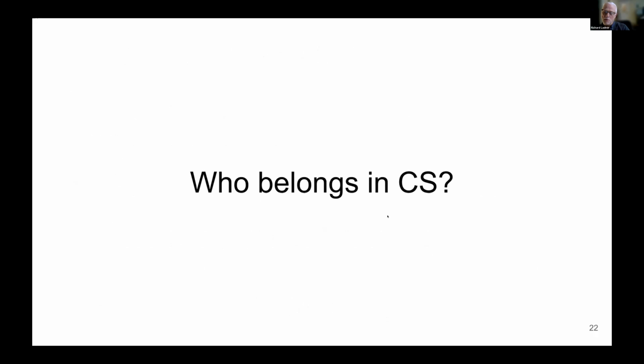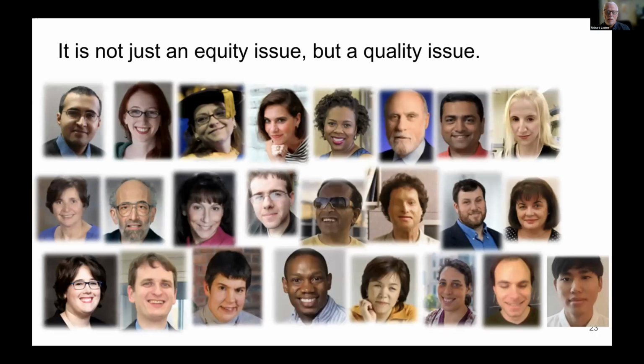So I'm just going to start with this basic question: who belongs in CS? And I think all of you believe everyone should be there. It's really something that's so basic. So I like to point out this group of people, all of whom have a disability. They all have PhDs. I know them all, actually. 2 of them were my former students.